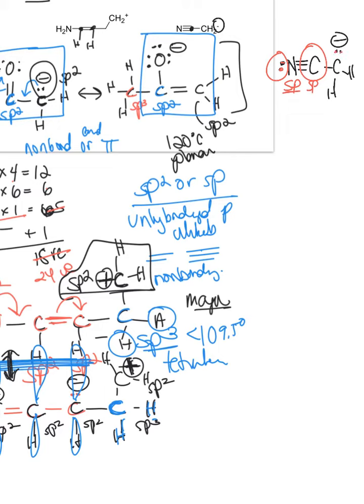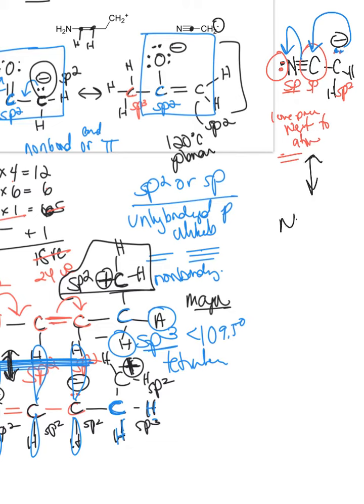And then this is actually going to be an sp2 because you have a lone pair next to an atom that has multiple bonds. Okay, because if it can, it will. So what happens is these electrons on this carbon will go to this carbon, and then those electrons will go to nitrogen.